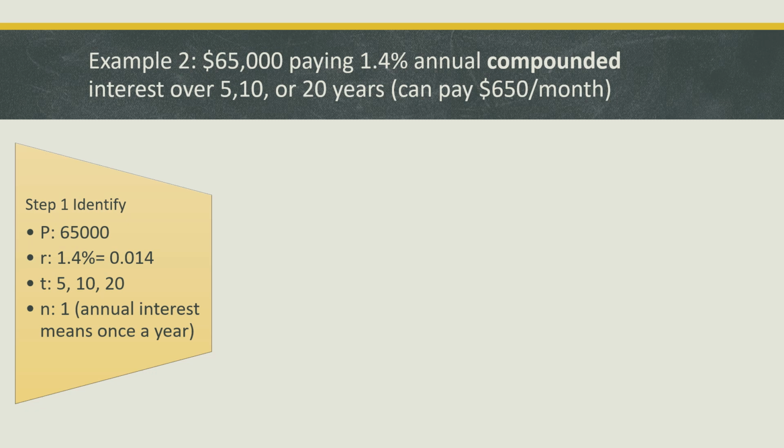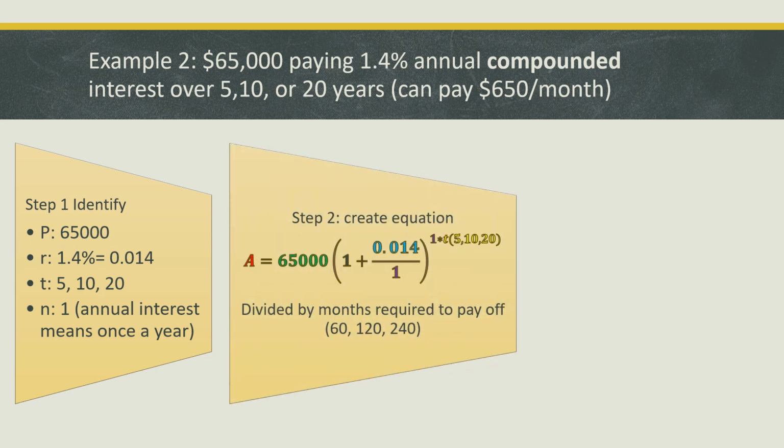And then, of course, since they haven't specified anything except the fact that it's annual, then our n is going to be 1. So our equation is going to be set up the same as the other one, with the exception of the fact that we're going to be doing it 3 times over, once with 5, once with 10, and once with 20.